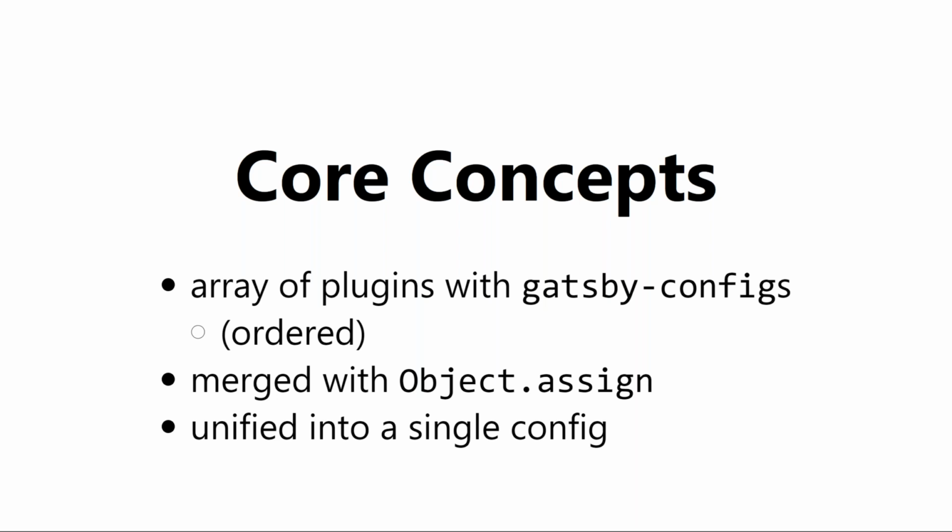So if you define plugins in multiple themes, you end up with all of the plugins in your result Gatsby config. As for site metadata, it is an object. So if you specify the same key in two themes in site metadata, the last theme in the array of plugins that exists will win. So the order matters. So they're basically merged with object.assign. They're unified into a single config.